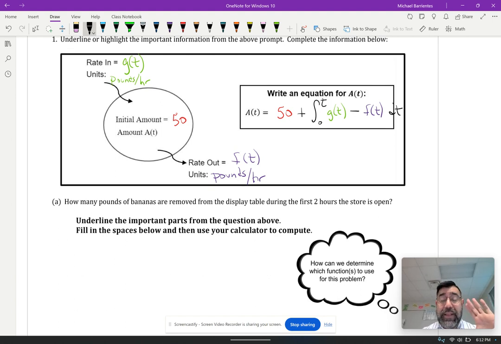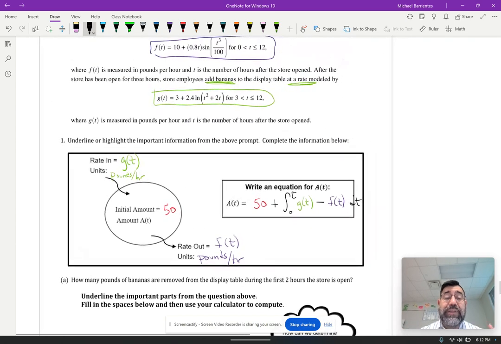Now, in this particular case, I have to be very careful, because the rate at which they're adding bananas in doesn't start until 3 hours later. So if I'm going to do this equation, I have to make sure that t is greater than or equal to 3, because g of t doesn't exist until 3 hours in.